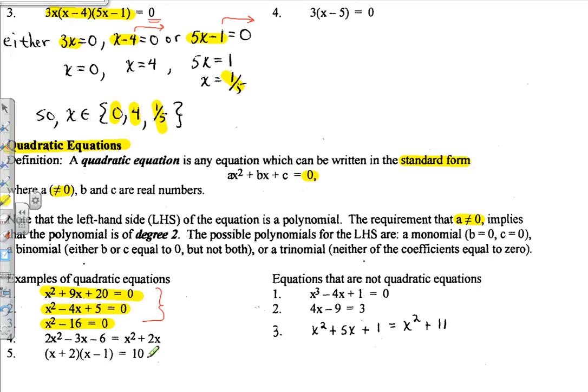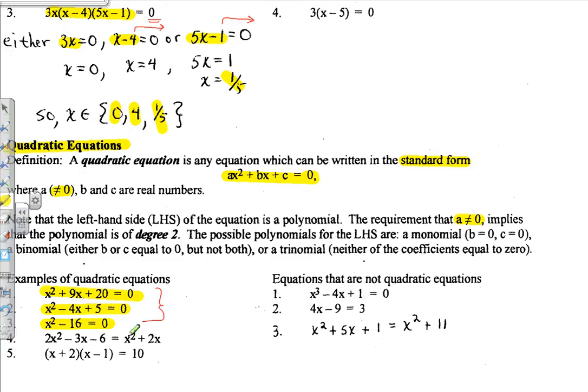Now, example number 4 and 5, these are both quadratic equations, but you can't really tell. What you have to do to show that they are quadratic equations, you have to put these two equations in this standard form up here. So in other words, that's going to mean subtract x squared from both sides, subtract 2x from both sides, or just move them to the other side.